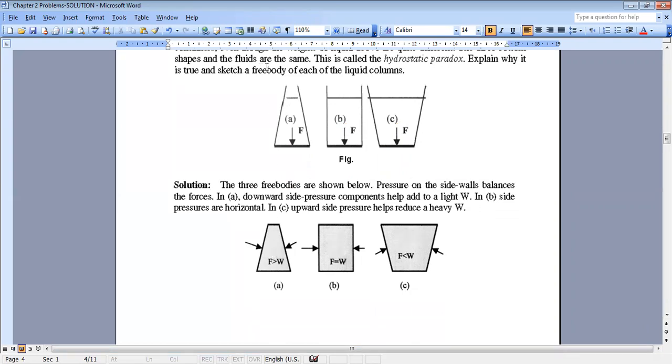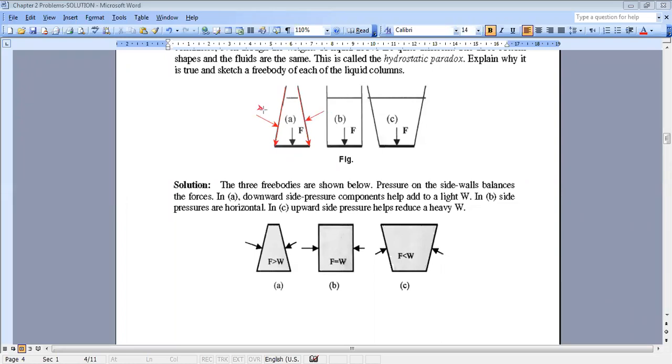So first, I have here the two inclined sides of this container. These sides will exert on the fluid a pressure that is perpendicular to the surface. So as you can see here, the resultant force will be inclined.